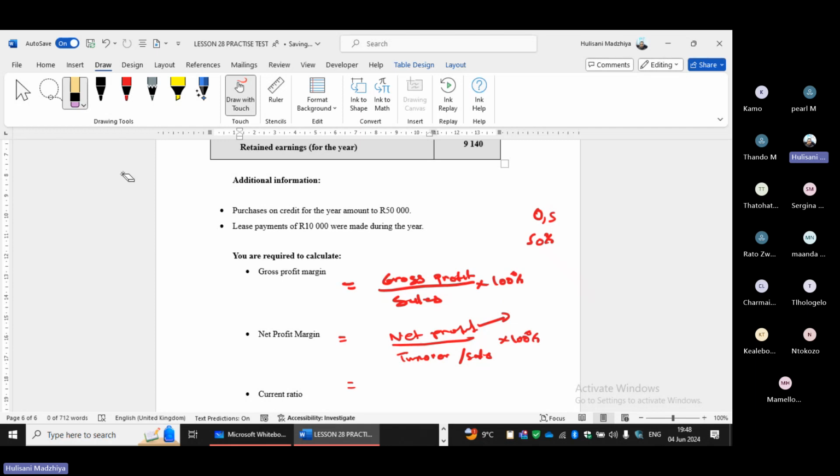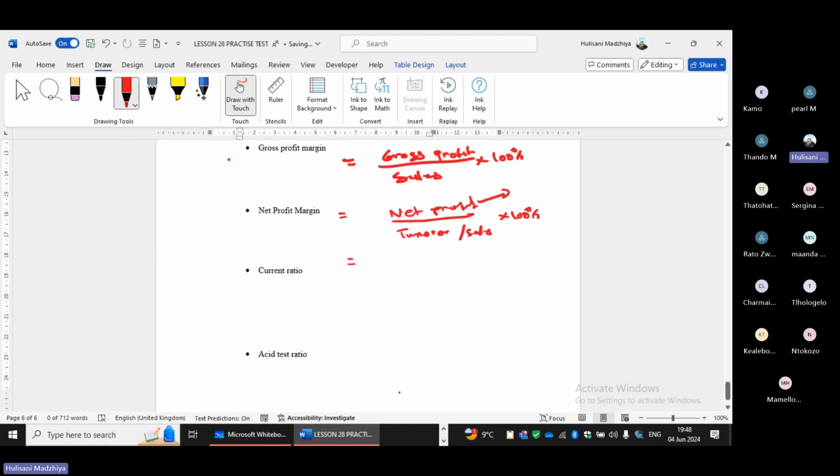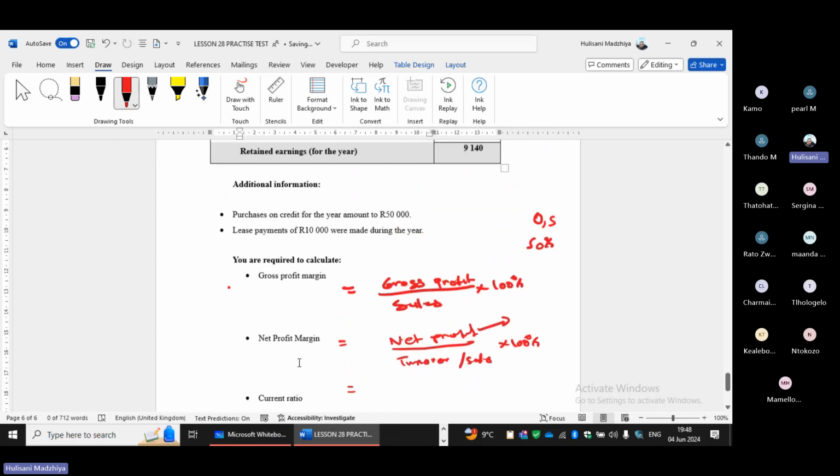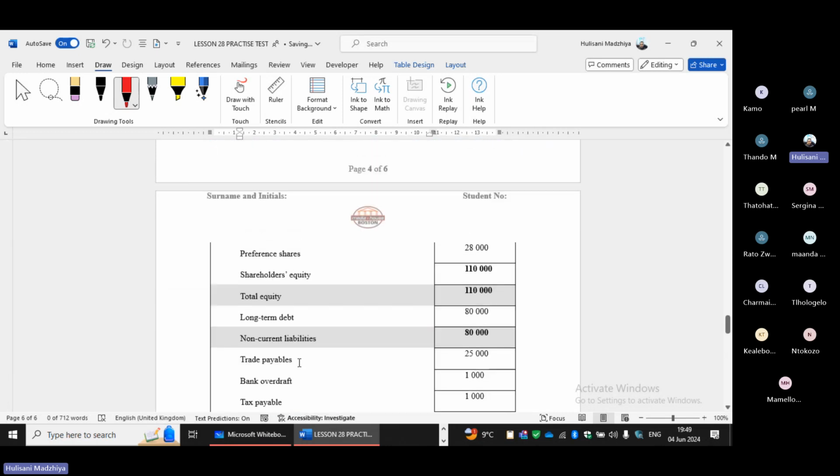The last one I want us to focus on is the acid test ratio. The acid test ratio is your current assets minus inventory, all of this divided by current liabilities. When you calculate this, you go to your statement of financial position.